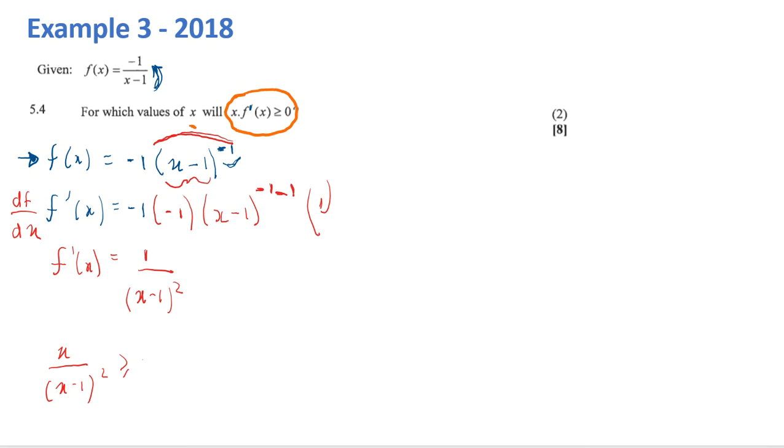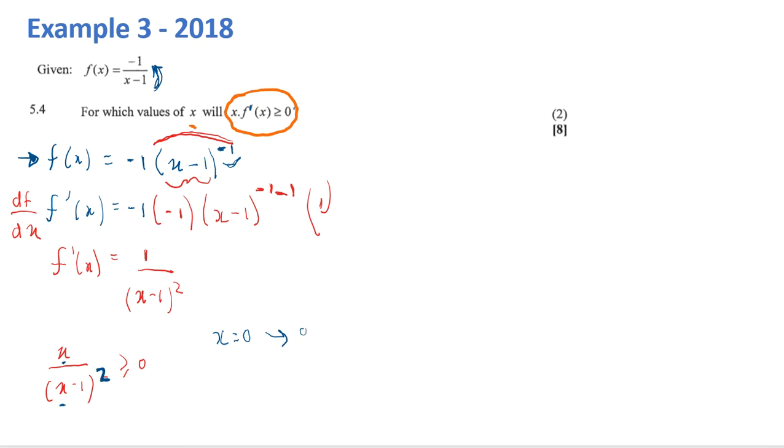The x values where this function is larger than 0, or equal to 0. Okay, so let's start with equal to 0. Well, that's where x is 0, right? So for x equals 0, this function is 0. And remember, the key here, a very clear clue, is the second power.